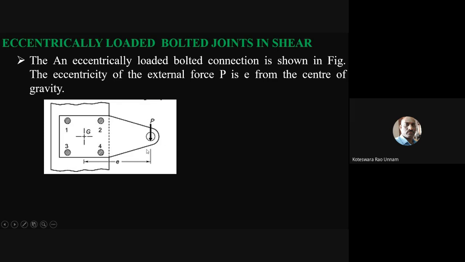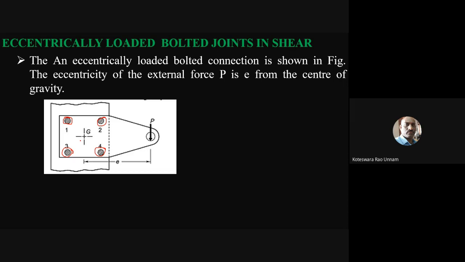Now, why do I call this an eccentric load? Because if I find the center of gravity of these bolted connections, the center of gravity of these 4 bolts, in our joint we have only 4 bolts. In some other joint you may have another number of bolts, maybe 6 or 3 or 8 or 10, anything like that.